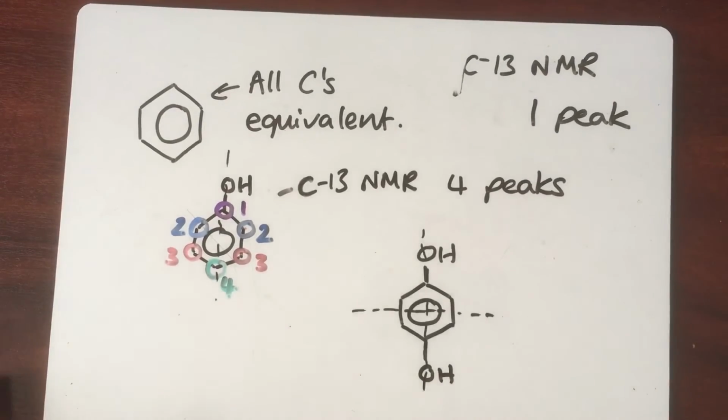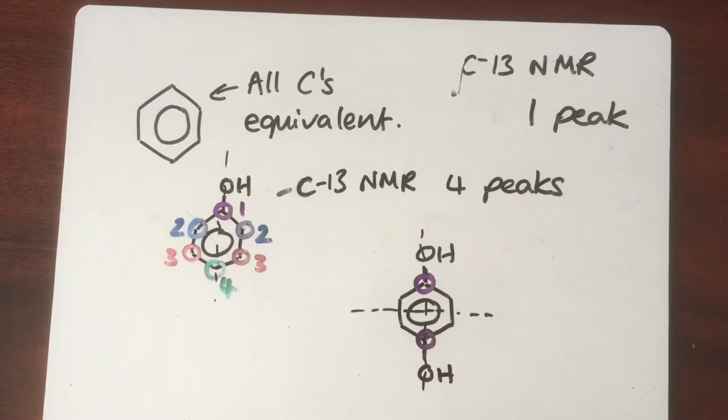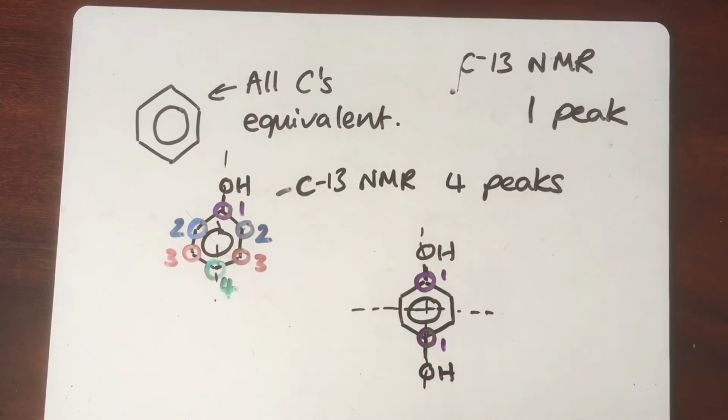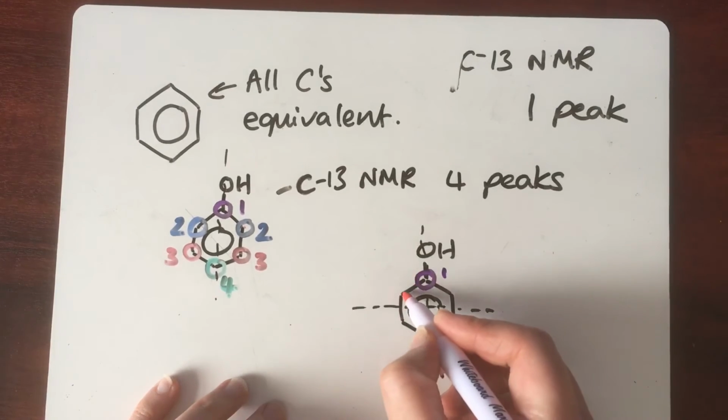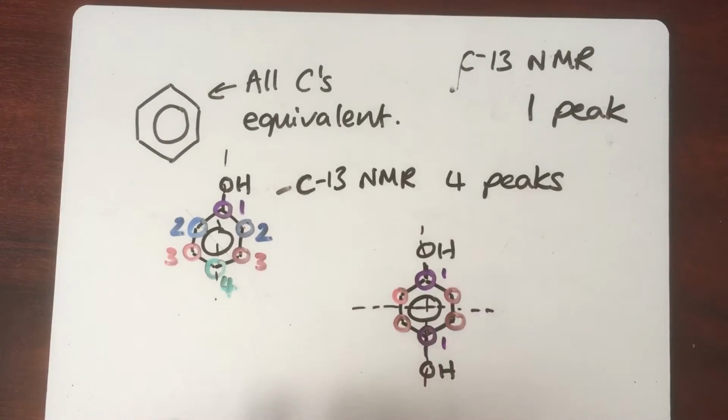So in this case, if we had this compound, that carbon environment and that carbon environment are equivalent, so that is one carbon environment, and the other 4 carbons are equivalent to one another.